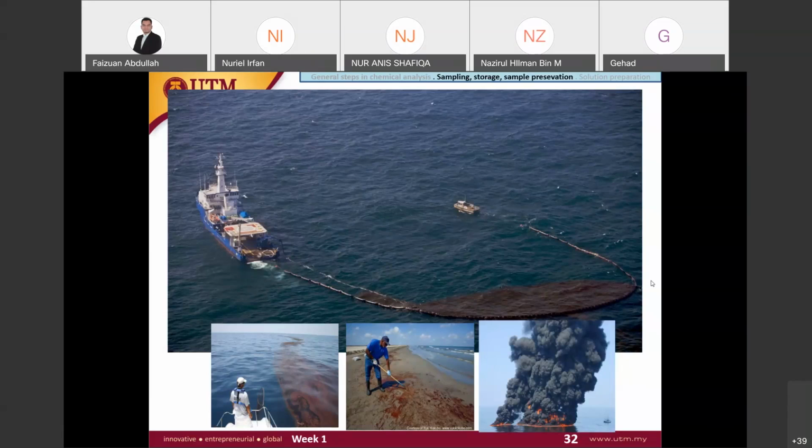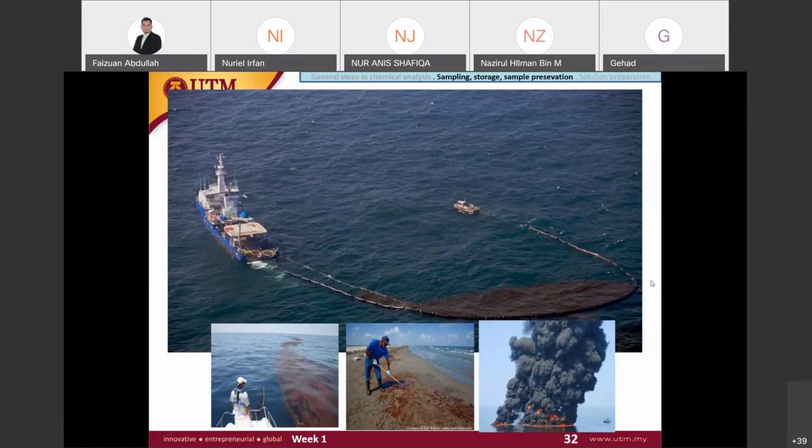We filter the gas. Okay, thank you, Anis. Anis told us that we have to use the gas sampler, bulk glass. Yes. All right.